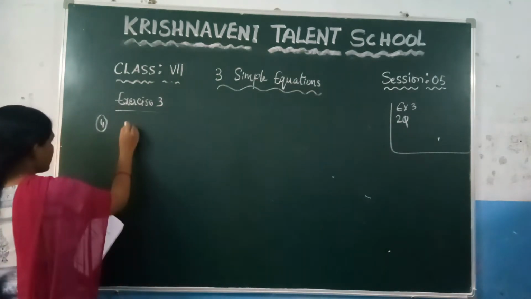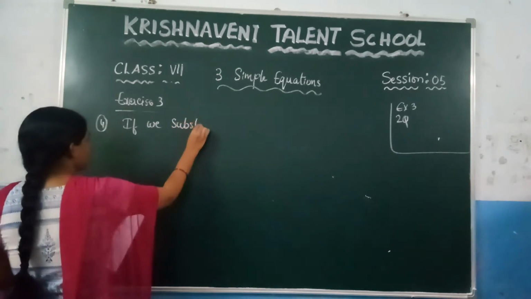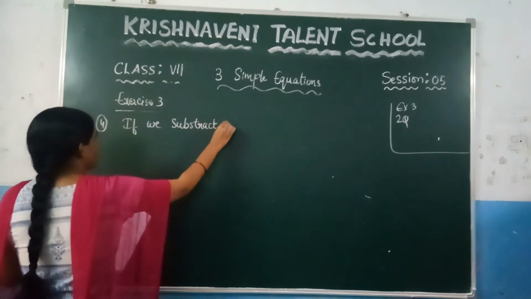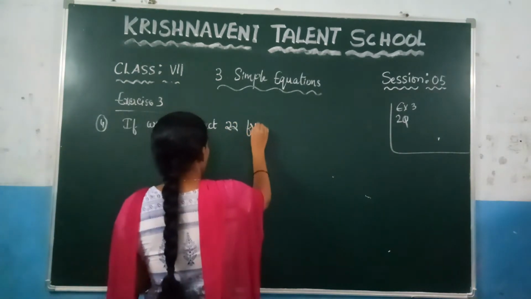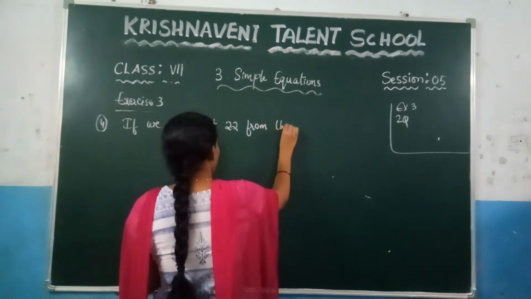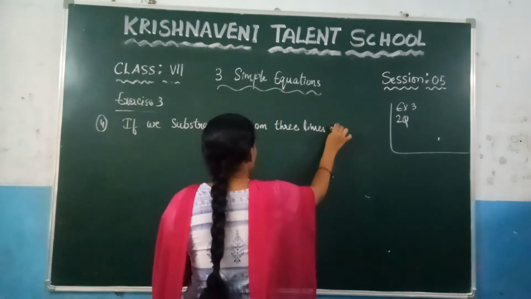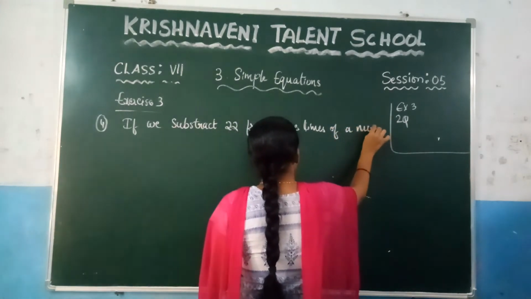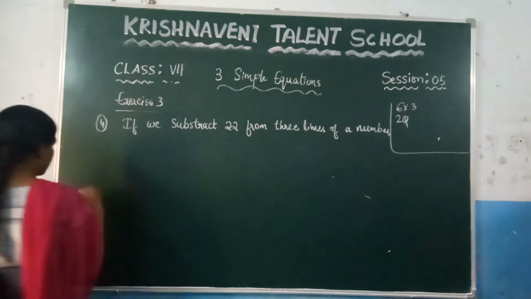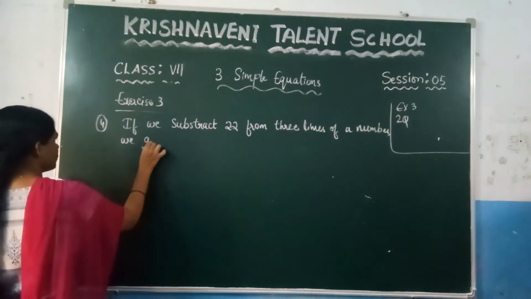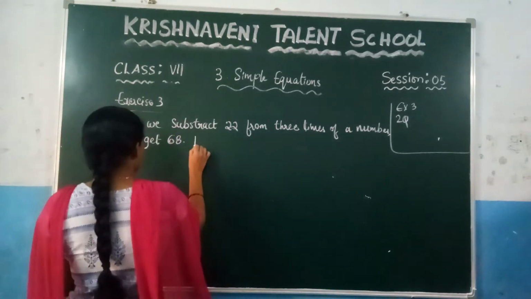If we subtract 22 from 3 times of a number, what is the meaning of 3 times of a number? 3 into that number. 3 times of a number. We get 68. Find the number.